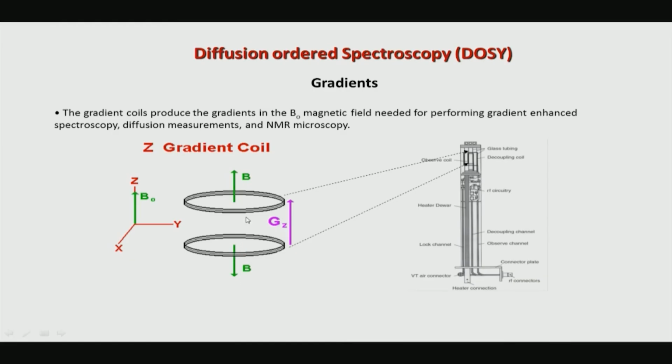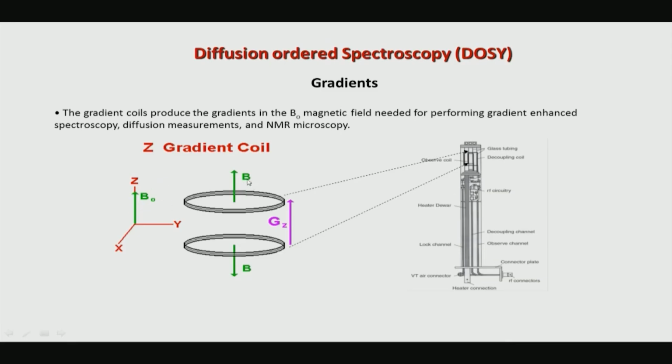Here you see the main magnetic field, the big magnet outside, where the probe is sitting, which is B0. The magnetic field generated by putting current in this coil is very small, at the milligauss, millitesla level, whereas this is in the Tesla scale. So it is 1000 times less.